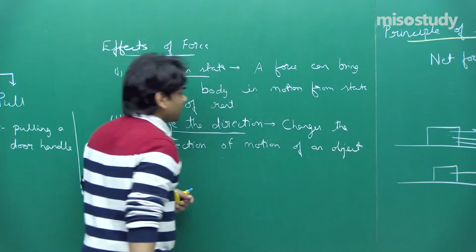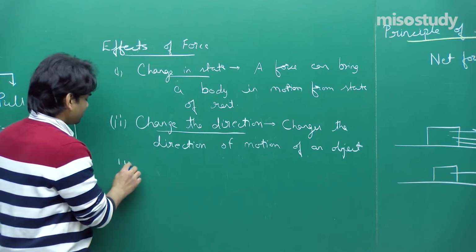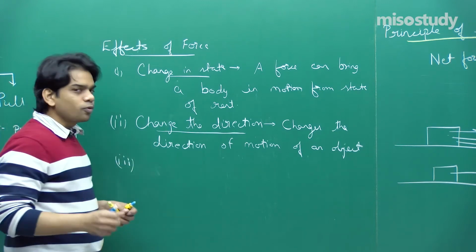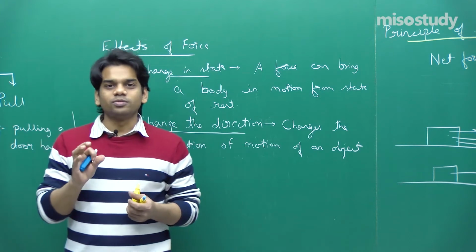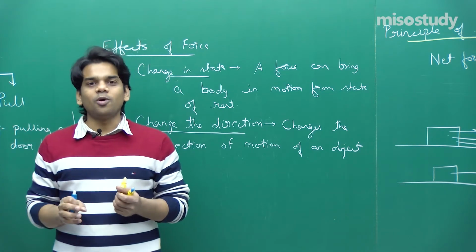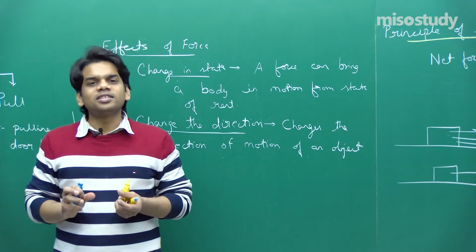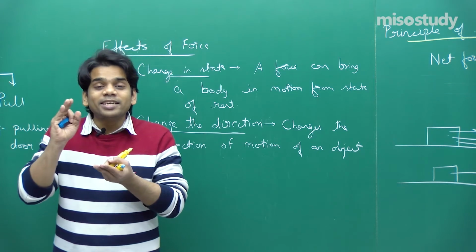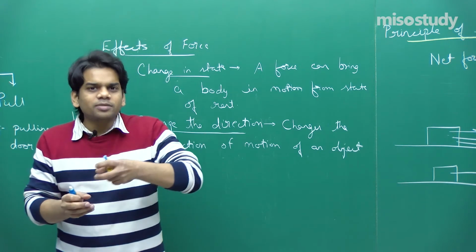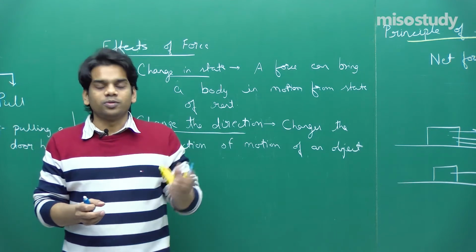Now let's talk more. Let's not stop here. Let's talk more about what force can do. The third thing: most of you would have played with a canvas ball or with a football. If you throw a canvas ball on the ground, it will hit the ground and get deformed during the moment when it is in touch with the ground. Again, due to its property of resilience, it will regain its structure and rebound.